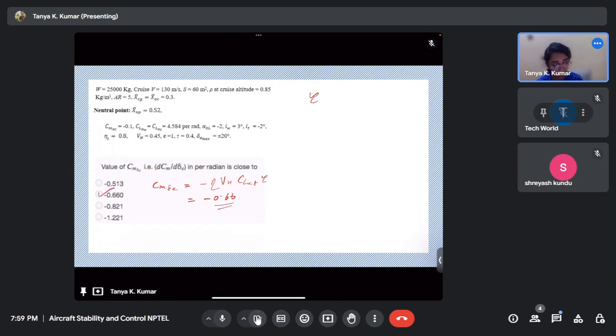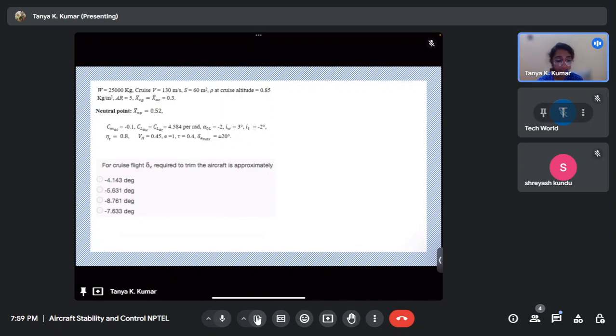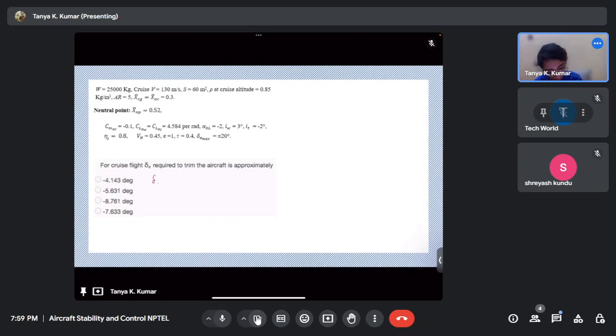Perfect. Next question. For cruise flight, delta E required to trim the aircraft is approximately delta E trim. What is the formula for delta E trim? Delta E naught plus d delta E by d Cl into Cl trim. Right?